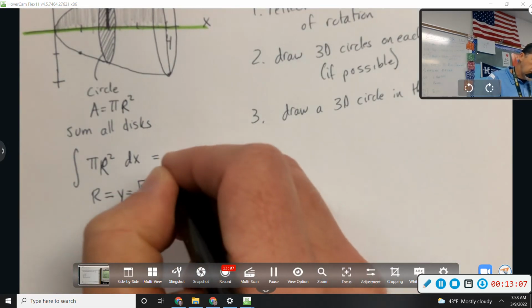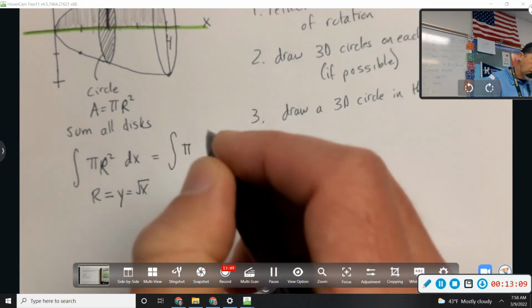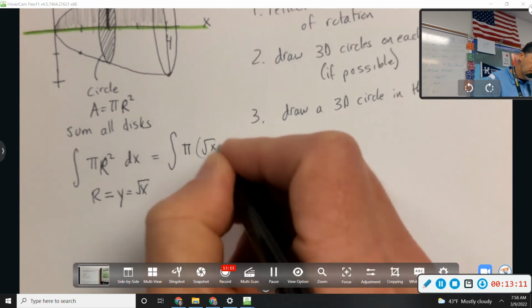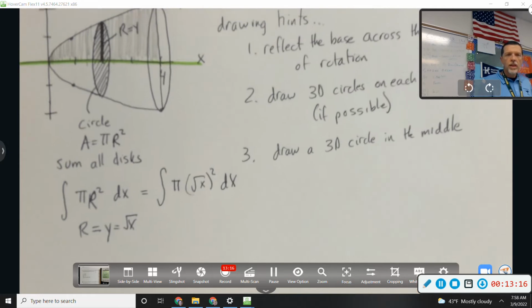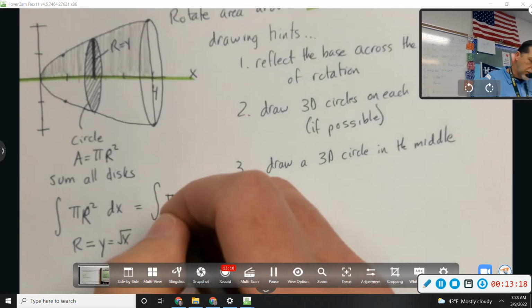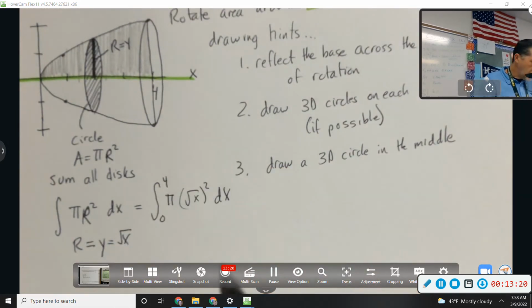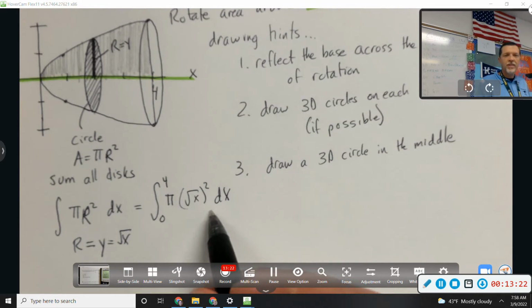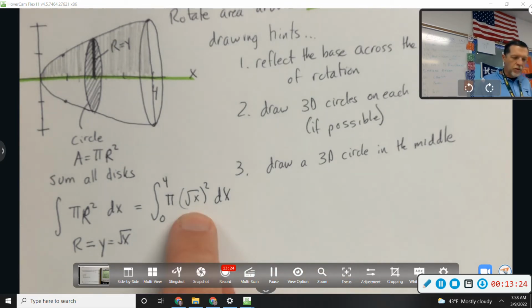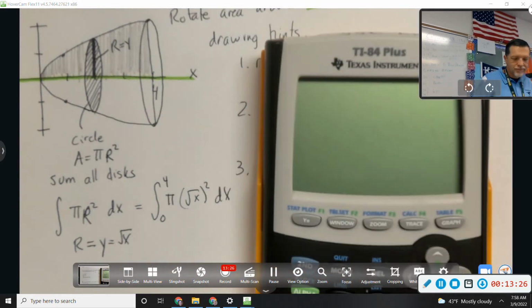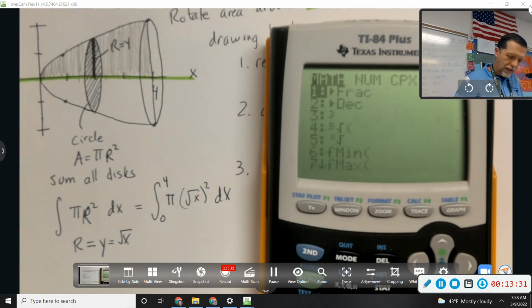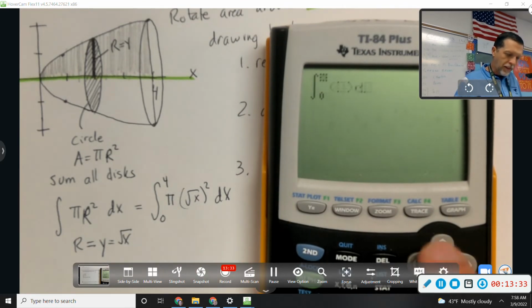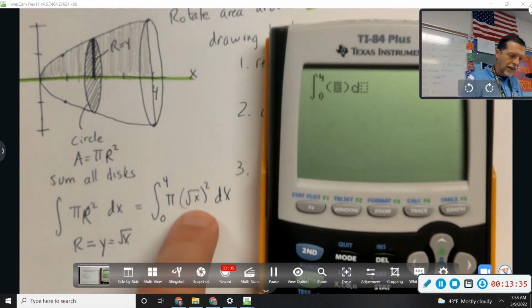So let's integrate pi times square root of x squared, and that would be from 0 to 4. And you could go type that in the calculator right now, even though square root of x squared would just be x, but I'll leave it up to you. I'm going to do the algebra on that because I think me doing the algebra is easier than me handling all the parentheses in there.